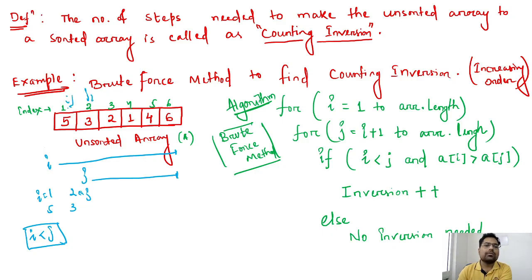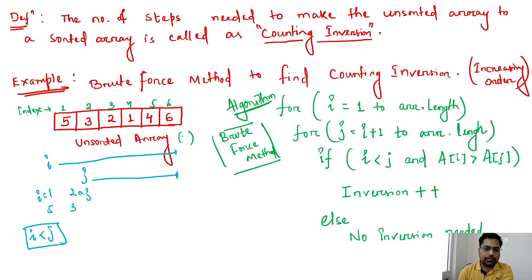Why is j 2? Because j is i plus 1. Now our target is whether a of i is greater than a of j. Small a represents the array.